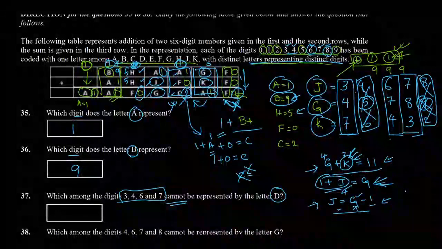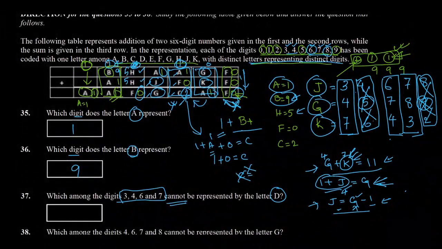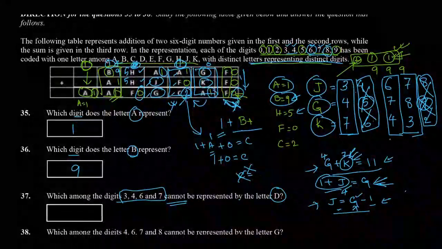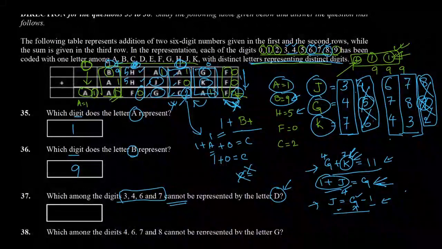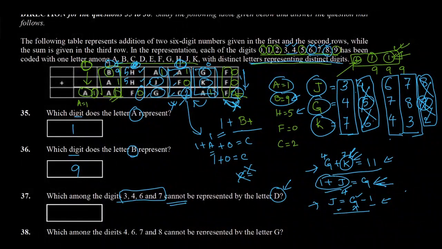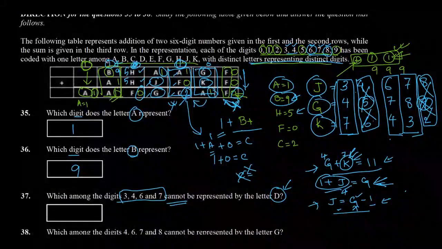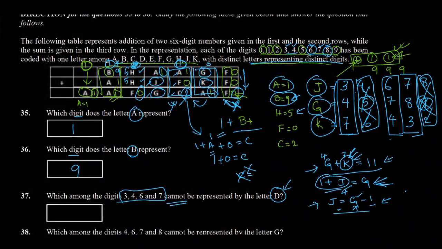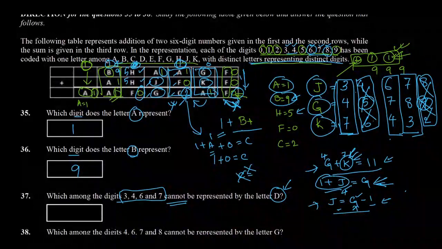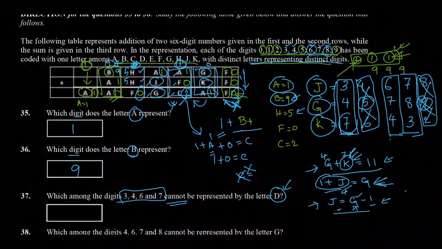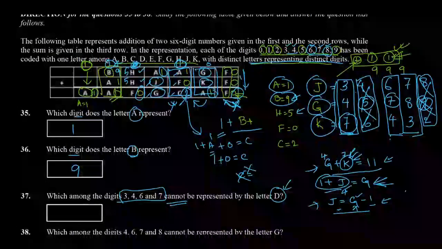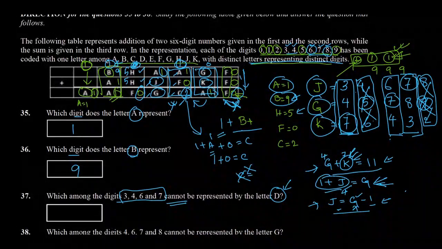The third one says, which among the digits 3, 4, 6 and 7 cannot be represented by the letter D? Now notice that we did not have D in the picture at all. So how do we ascertain D? So we note that we already have the set of values for j, g and k that are possible, and from that we note that the number 7 is appearing in all three cases.